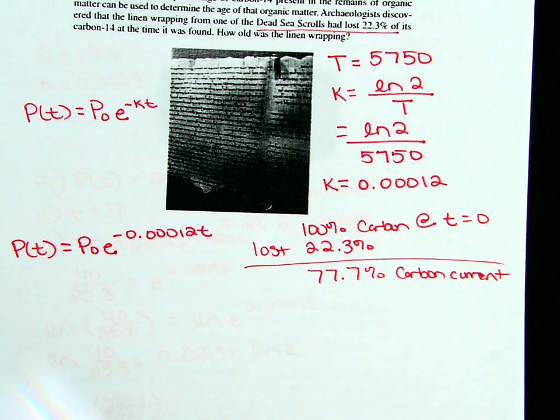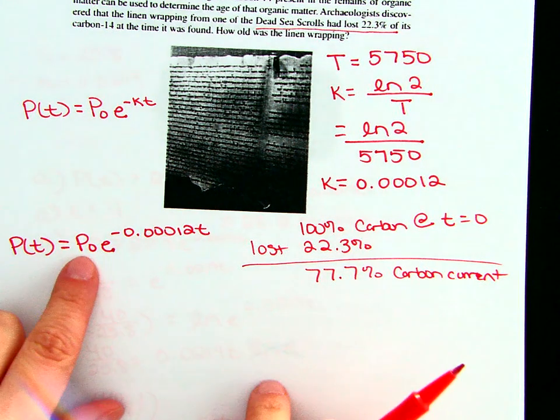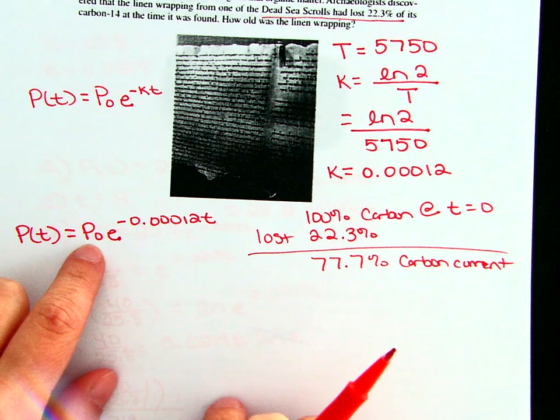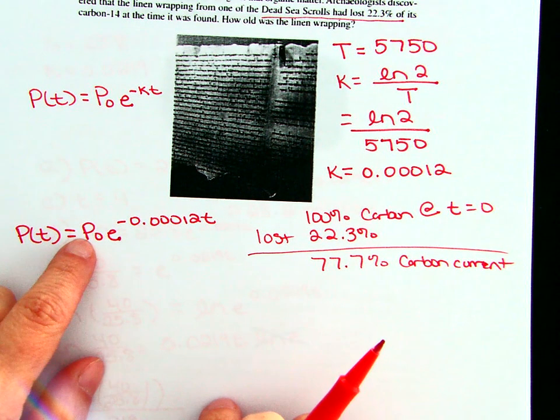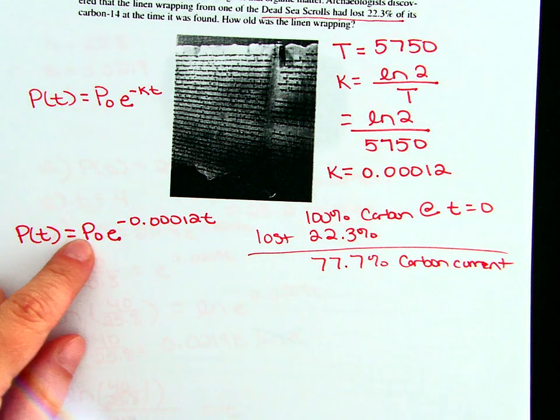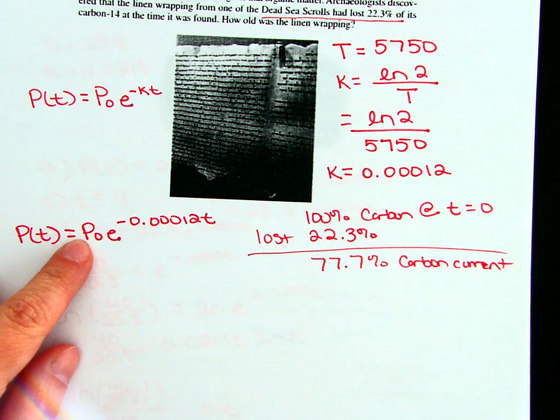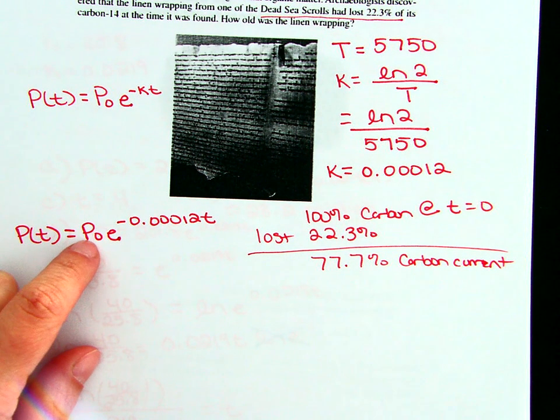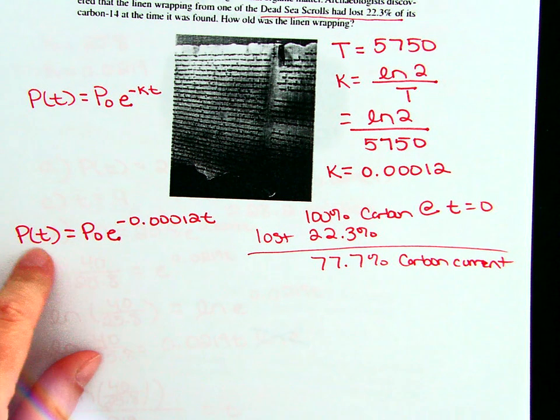But we know that however much the P0 was, the amount of carbon at time 0, whether there was a microgram, or I don't know how you measure carbon, by the time we get to the time that we're looking at now, we have 77% of it.